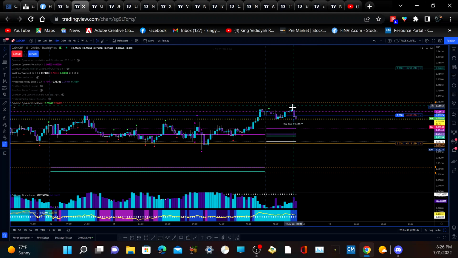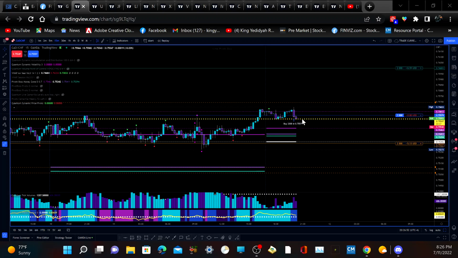If it breaks out from here, and then we get a pullback to this area right here and then go up, this is where I'm going to add to the position. So that's the money zone.